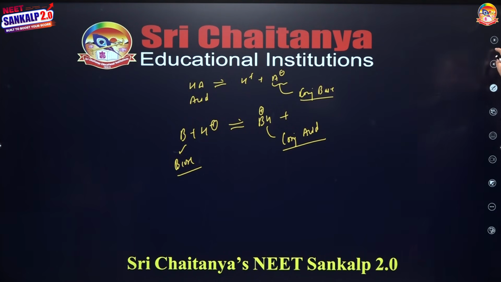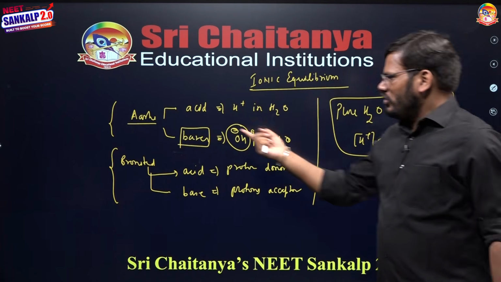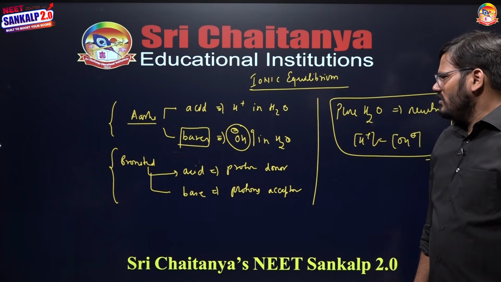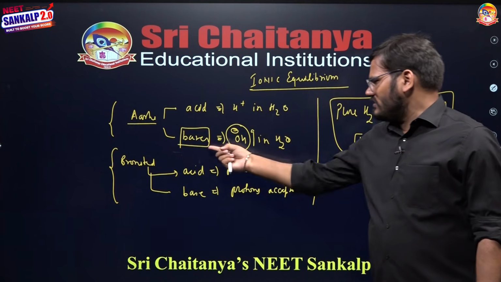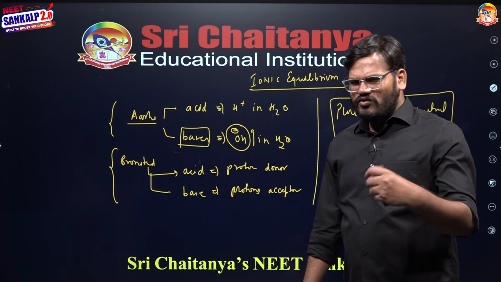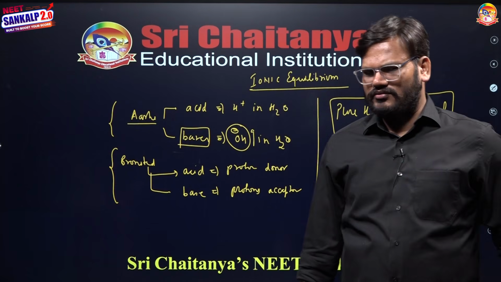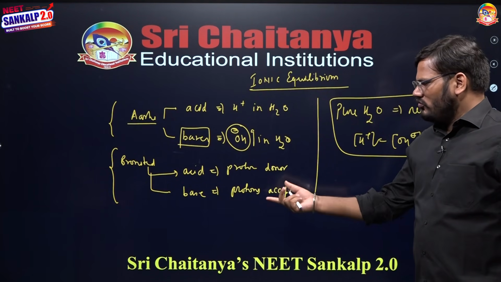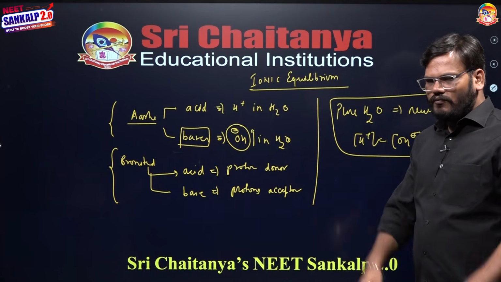According to Arrhenius, compounds which increase concentration of H plus are acids, and which increase concentration of OH minus in water are bases. Arrhenius theory is limited to water only. It is applicable when the solvent is water. Bronsted theory is applicable to more compounds.